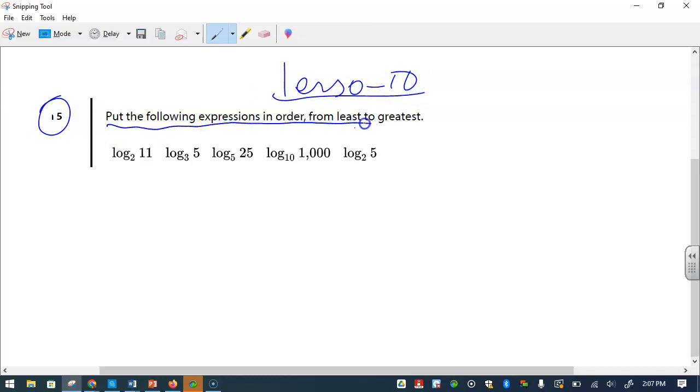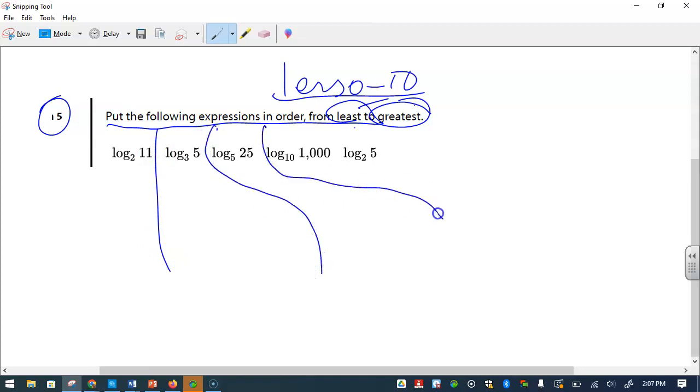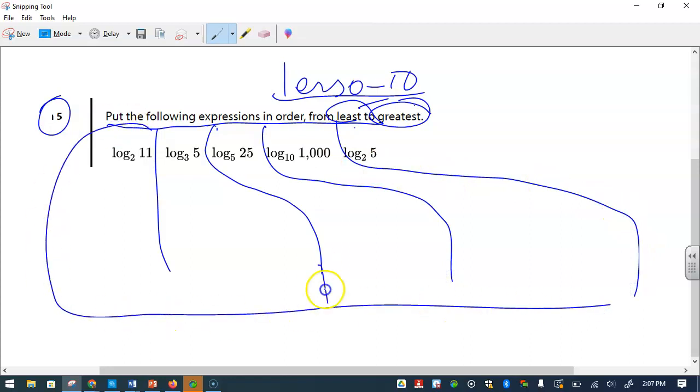Now, how do you write from the least to the greatest, the smallest to the biggest? Let's see what each answer basically means. It says log base 2 of 11. We know 2 raised to 3 is 8 and 2 raised to 4 is 16.